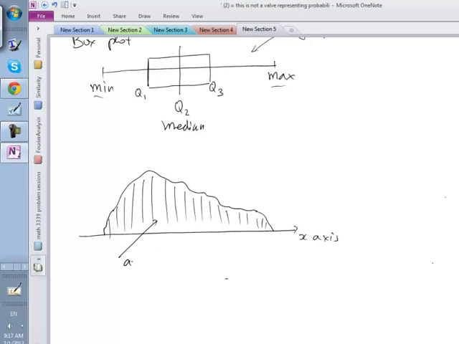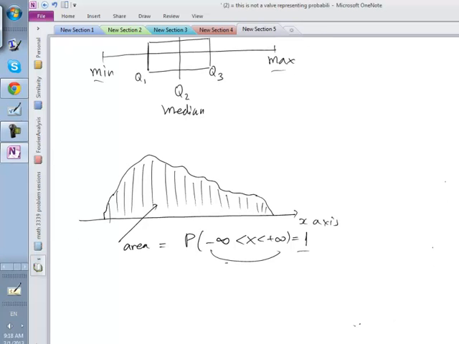This area is the area that represents this event, and therefore it should be equal to 1, because the random variable will take one value, and this value is going to be greater than negative infinity and less than plus infinity. So that's a universal event. It's nothing too specific, and therefore its probability should be equal to 100%.